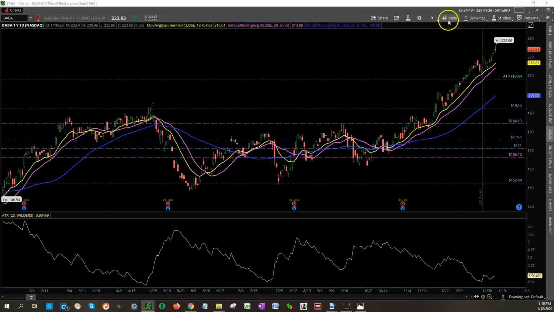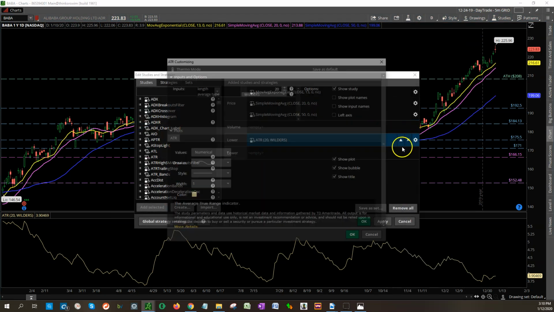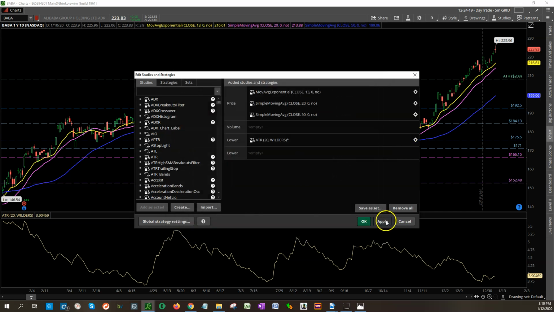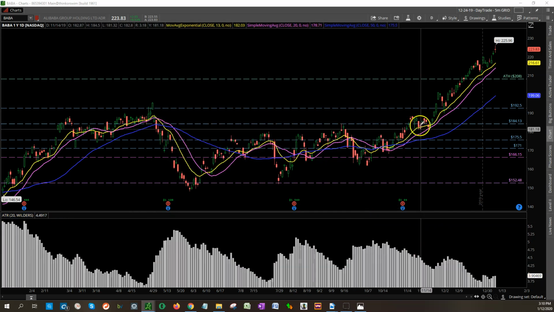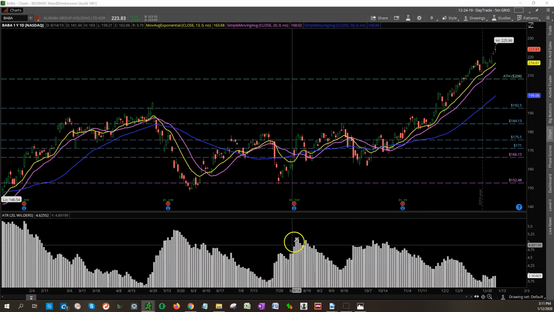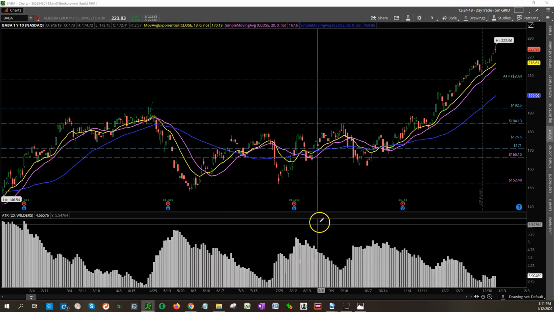So I'm going to come over to the studies and edit this, and change this to something that looks more like this. Let's make it white and apply it. Okay, I like that. See how much clearer that is? You can really see the ATR going down, you can see it going up, going down. To me, this is a lot easier to read, so we're going to use it like this. You can use the line if you prefer.